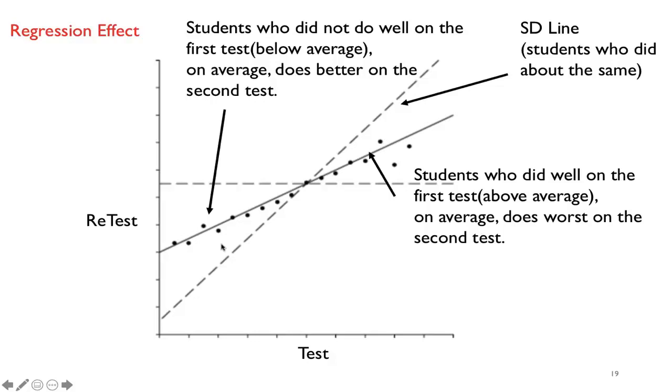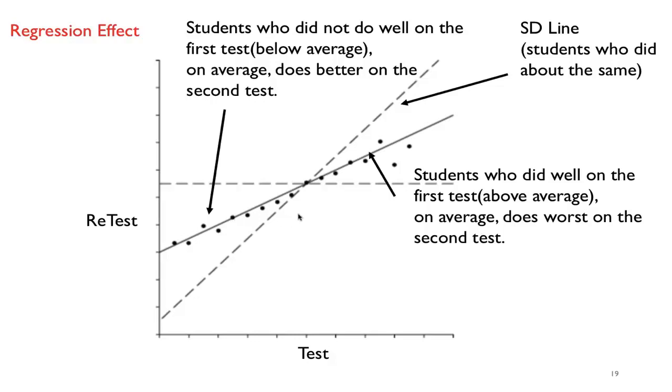And then for these students here, first of all, because their score is below the average, that means they did below average on the first test. But notice that these points are above the SD line, so that means that relatively speaking, they did better on the retest.